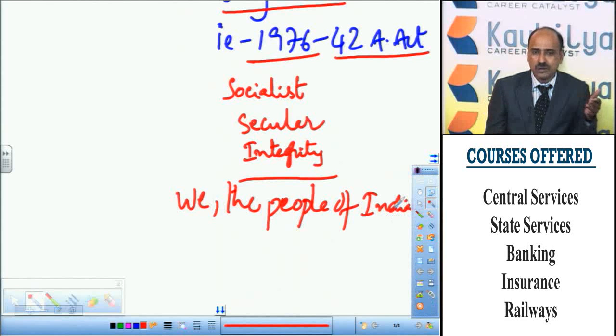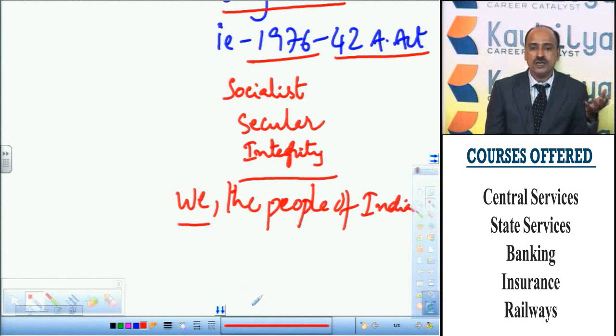"We, the people of India, having solemnly resolved to constitute India into a sovereign, socialist, secular, democratic republic and to secure to all citizens of the country social, economic, political justice, and to maintain and protect equality, liberty, fraternity and integrity, do hereby adopt, enact and give to ourselves this constitution on November 26, 1949."